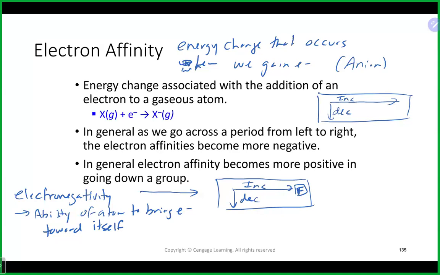We have high electron affinity, which means they like to gain electrons. And they have high electronegativity, which means they like to gain electrons and take other people's electrons.